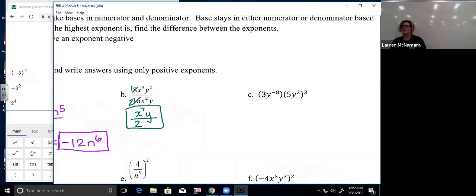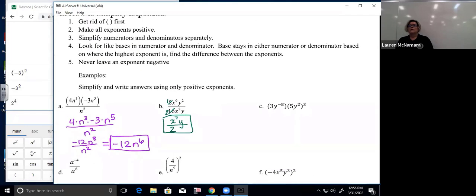C. Get rid of my parentheses first. Do I have any exponents on the outside of my parentheses? Yes, that second parentheses. So my first parentheses, I just have 3 times y to the -8 times 5 to the third times y to the 6th. The only thing that was being multiplied by 3 are the exponents.